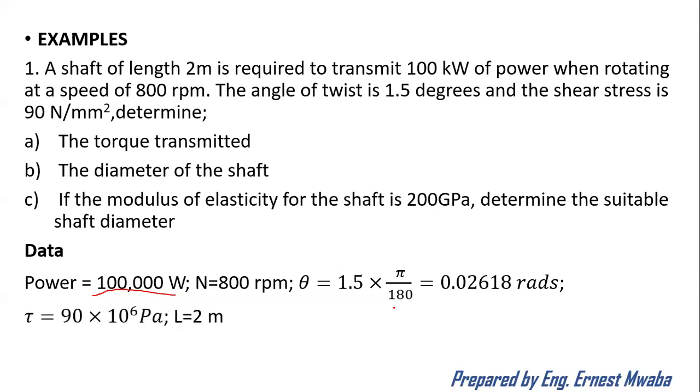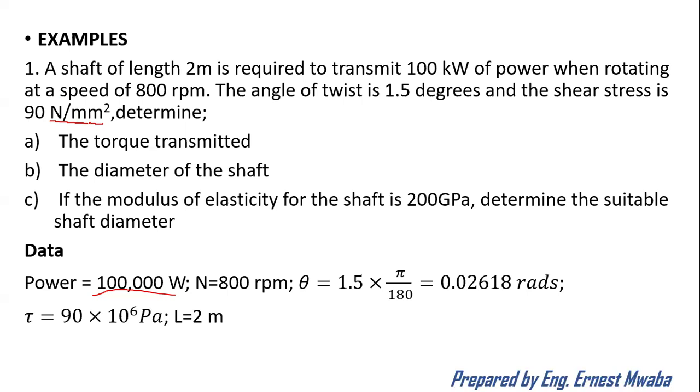Shear stress is 90 megapascals, meaning 90 times 10 power 6. In fact, here what we've been given is per square millimeter. When you convert from square millimeter to square meter, this number which is below will end up going up there.